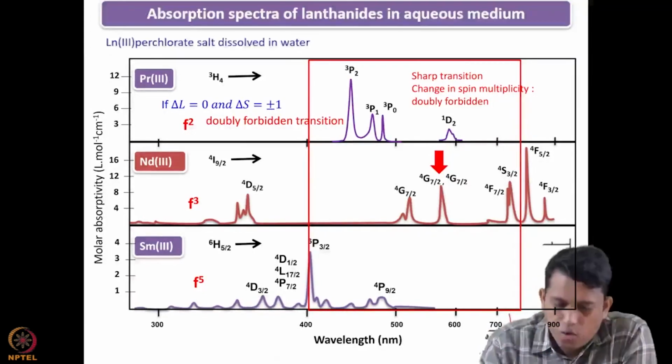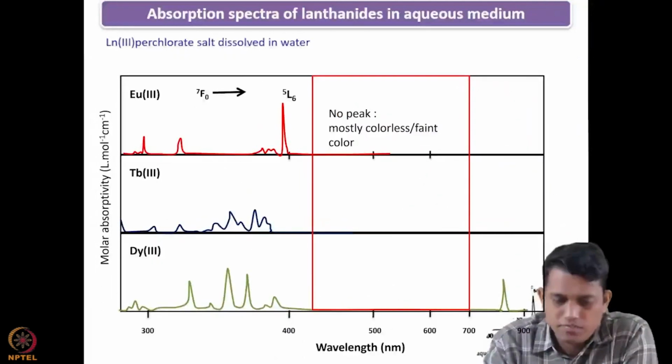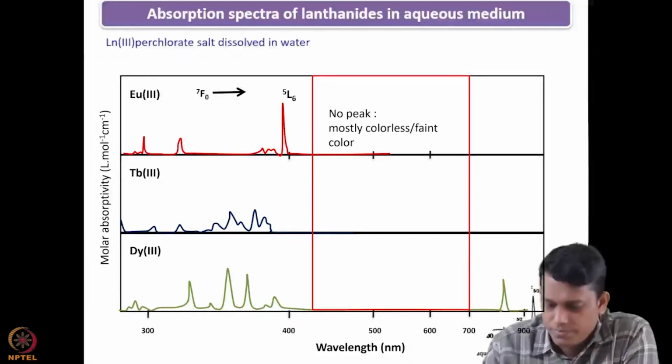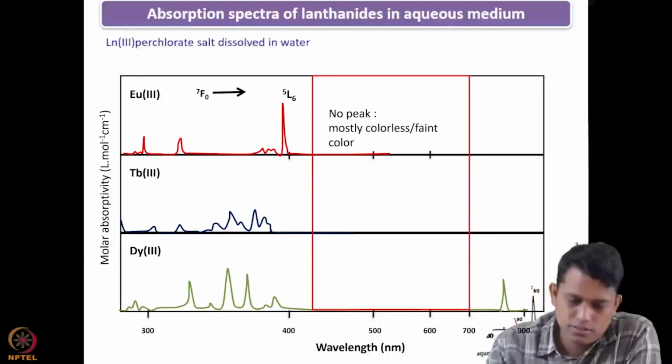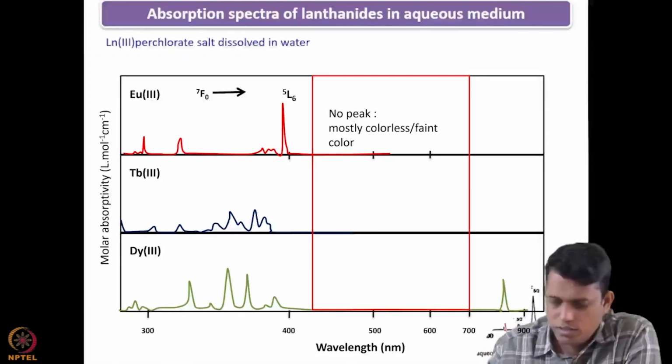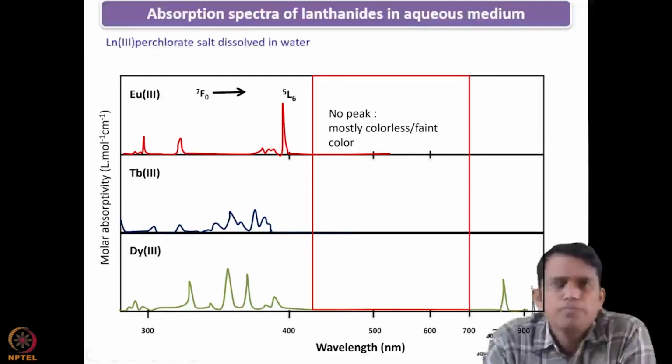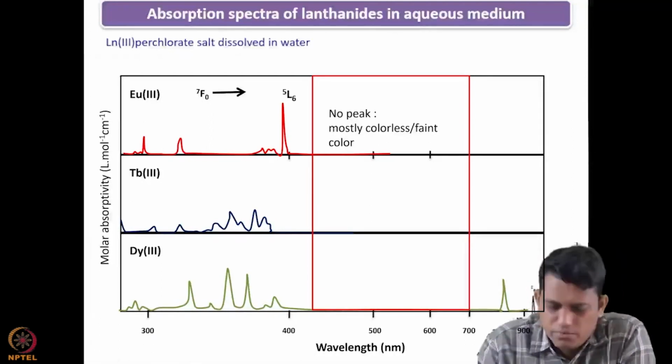Since all these have some peaks in the visible region, here again you can see the list. This one, you see, is almost white. If I remove this for clarity and draw the 700 and the 400, you can see there is almost no peak, or maybe very small. In certain cases the intensity is so low.